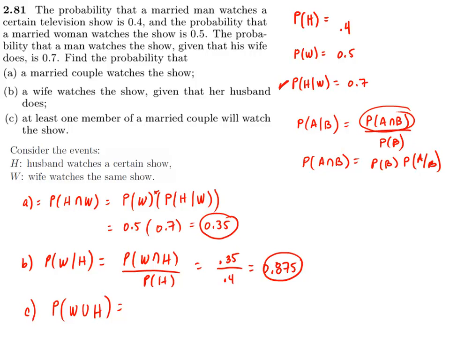One or the other. So what you do, we know the additive rule. So this is the probability of W plus the probability of the husband minus the intersection of the events. So this is 0.5 plus 0.4 minus 0.35. And this is 0.55.